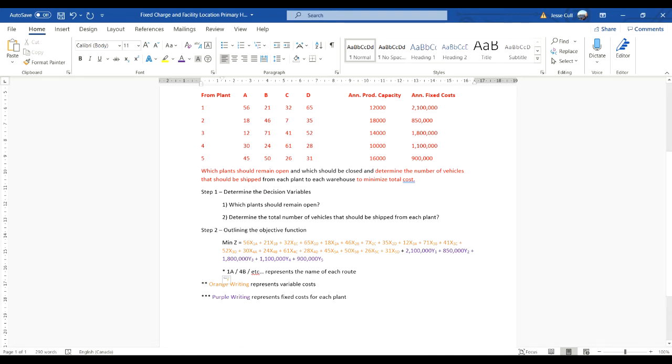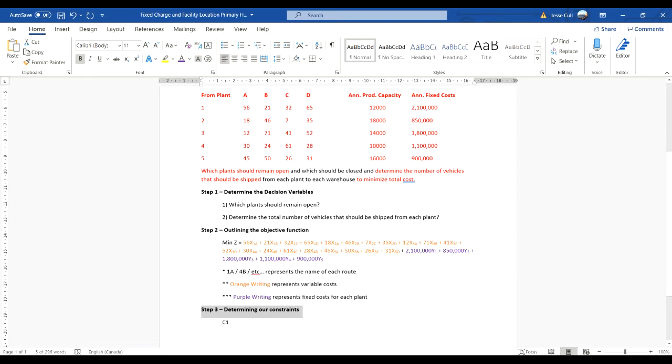So once we've outlined our objective function, which we've done here, the next step is determining our constraints. Now, before we do that, let's have a quick look at something.